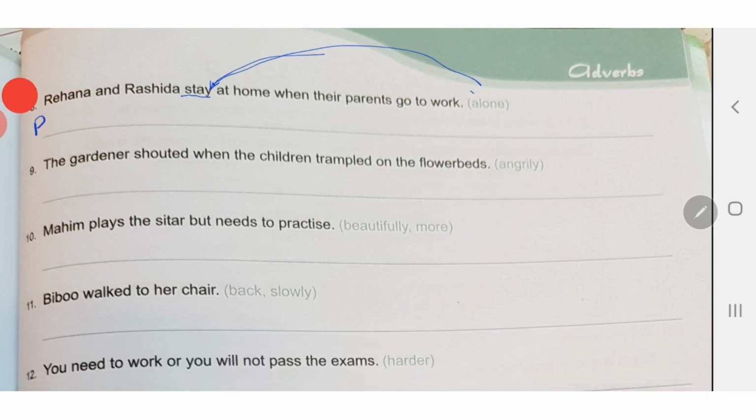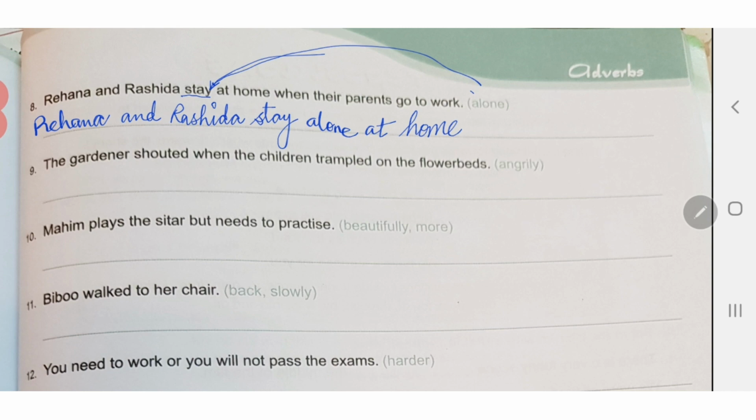Rihanna and Rashida stay alone at home when their parents go to work. Full stop.